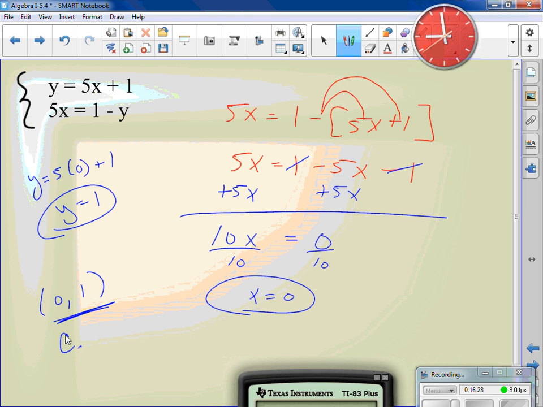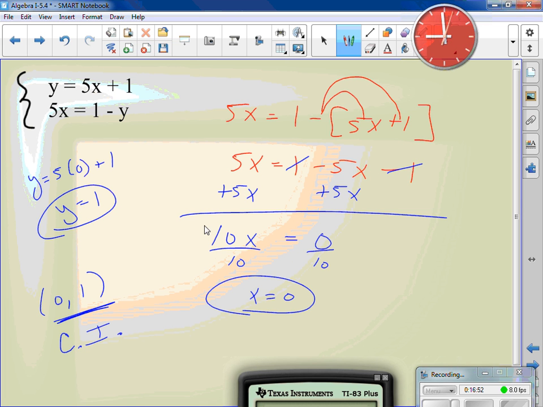Consistent, independent. This is a problem where people get tricked up on because they forget to distribute that negative. Or you see the 5x and the negative 5x and you think they're the same.